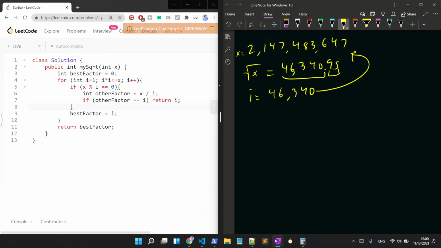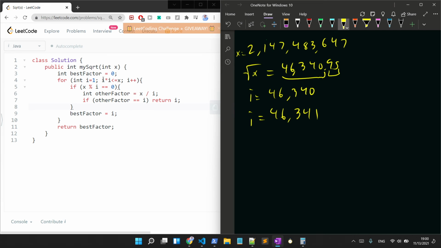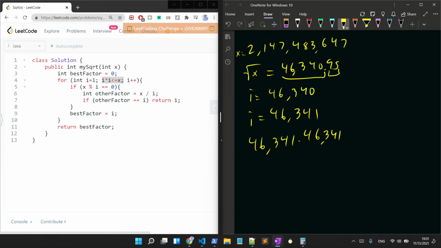So we're going to do another iteration of the loop, where i equals 46,341. And when we try to do the second part of the for loop, i times i, this will do 46,341 times 46,341.